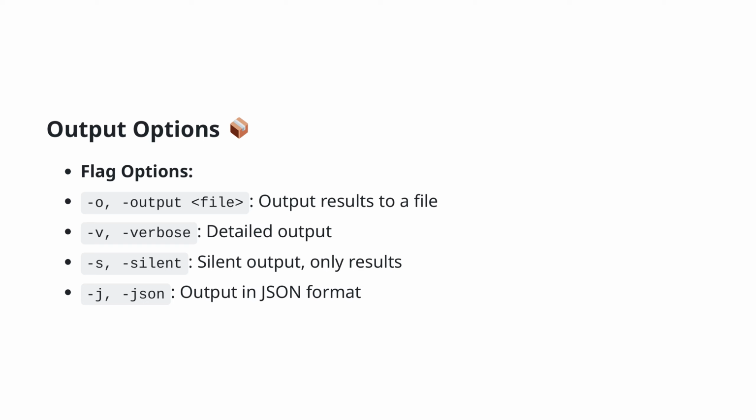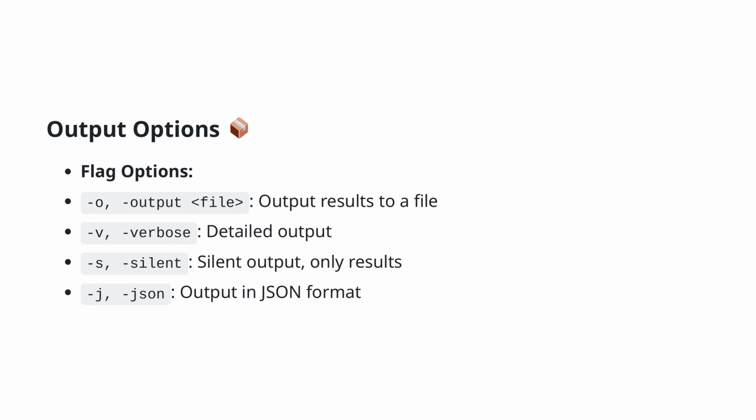In this slide, we're focusing on the output options available when using the Favirecon tool. You have several flags at your disposal to control how your results are presented. First, the -o or -output flag allows you to specify a file where you want the results to be saved. This can be useful for later review or analysis. Next, the -v or -verbose flag provides detailed output. This is particularly helpful if you need to troubleshoot or want to see comprehensive information about the process.